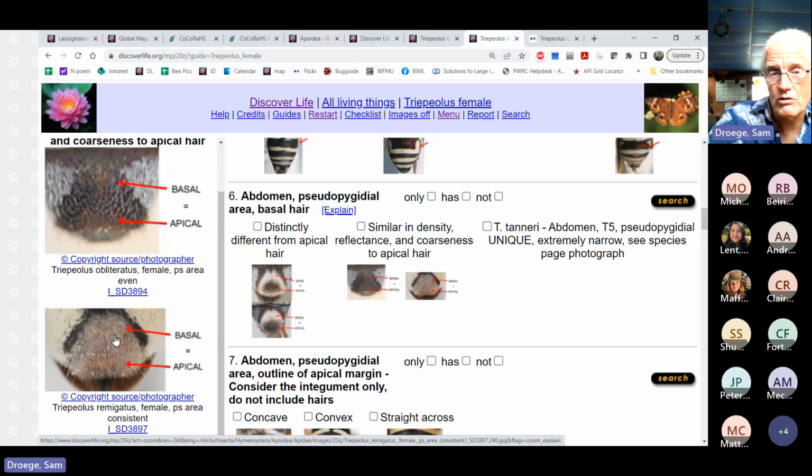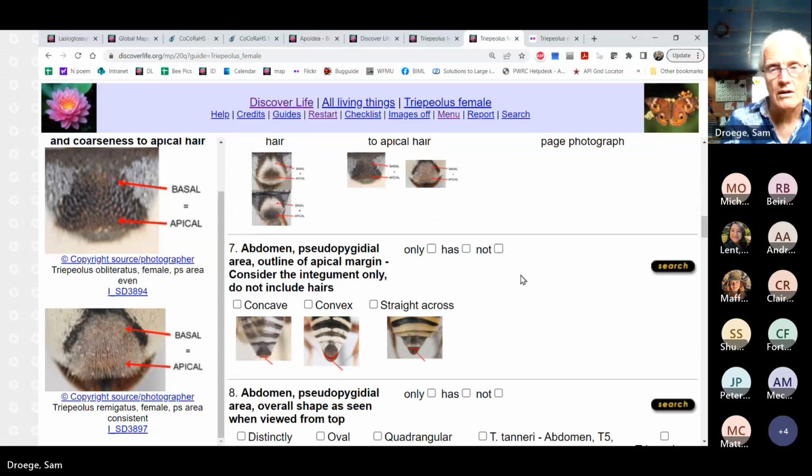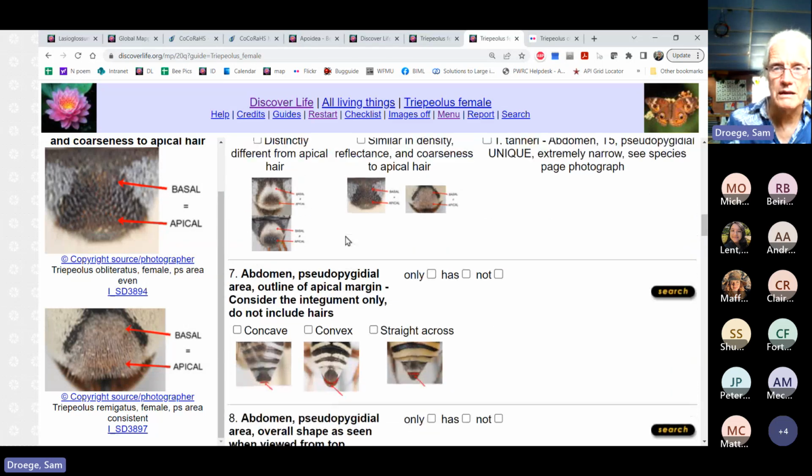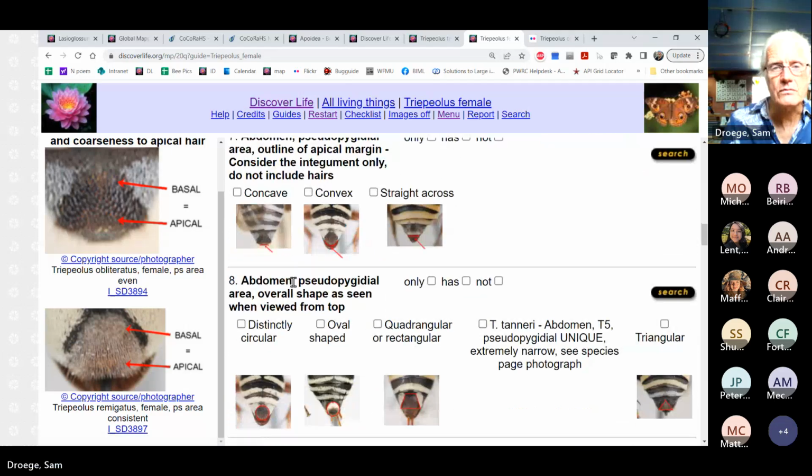I found it often difficult to be absolutist about whether these things exist. Again, here's tanneri with its unique little strip of pseudopygidial area, which is hard to define. So we'll leave that. We can look at pseudopygidial areas under the microscope, but I don't know that it's going to be that illuminating.